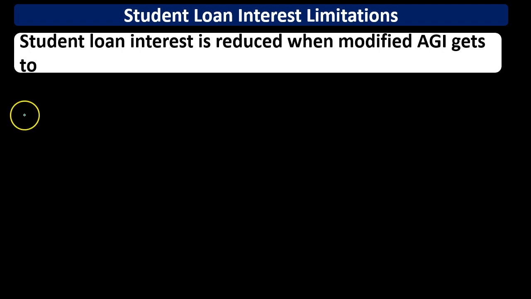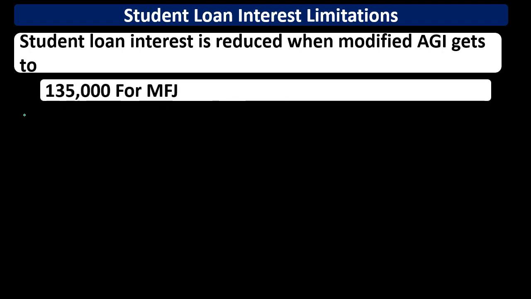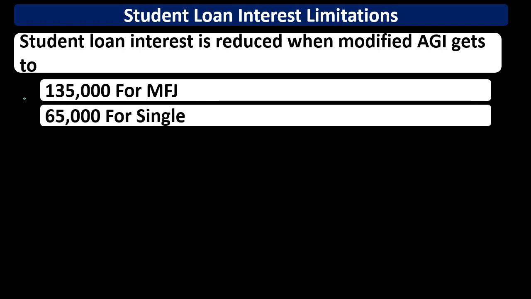So the limitations continued. Student loan interest is reduced when modified adjusted gross income, so basically how much money we earn, is greater than $135,000 for married filing joint. So if our income for married filing joint, two individuals, is above that 135, then the amount that we're deducting on the student loan interest is likely to phase out and start to go away. $65,000 for individuals.